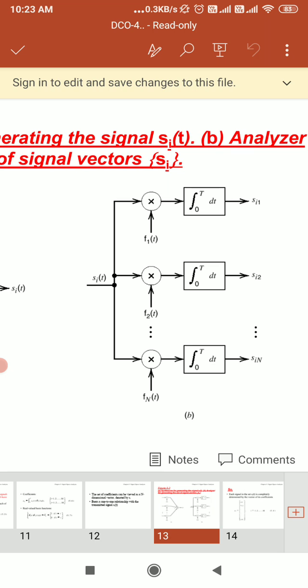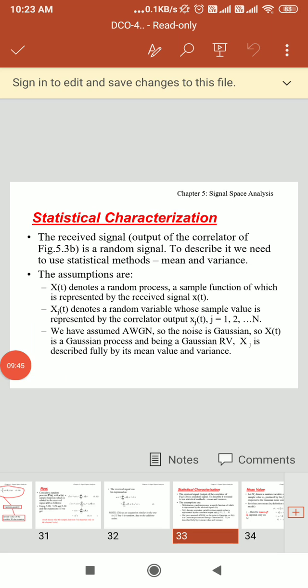You are using that as an analyzer here. So if we are considering the received signal at the analyzer, it is a random signal Sj of t. To describe it, we need to use statistical methods, where we are supposed to study mathematical terms like mean and variance.